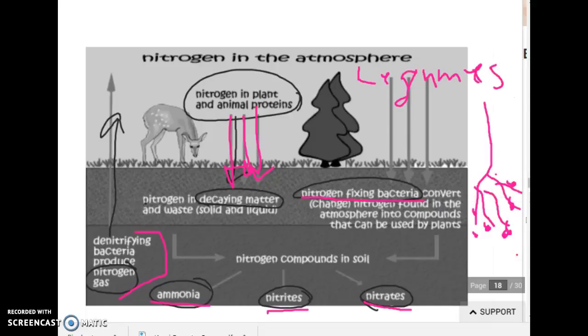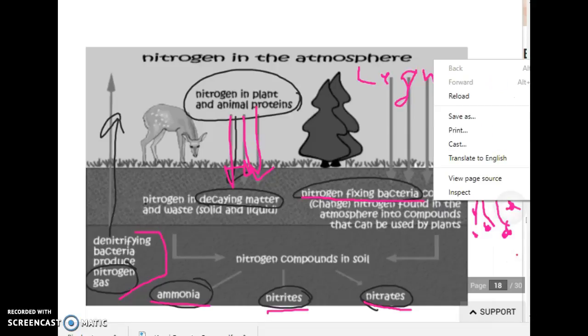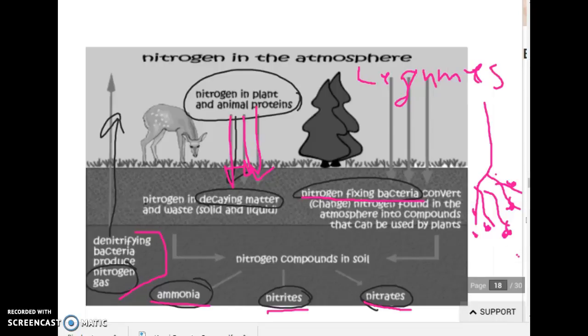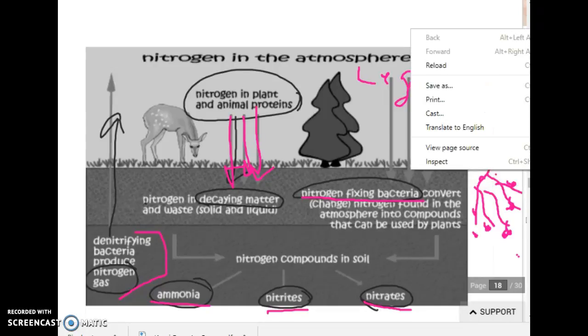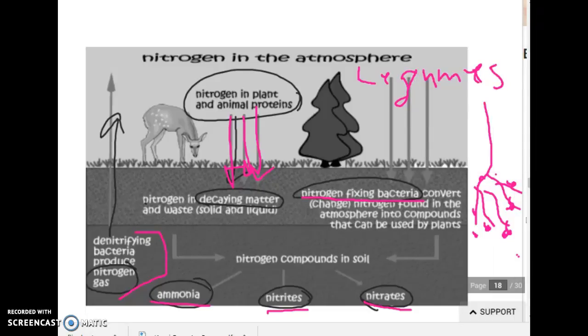So these little tiny round nodules, when I've taught microbiology class, you can actually break them open, put them on a slide, and you can look at that bacteria. But they're super effective at converting that nitrogen into that usable form. So things like legumes are actually really, really good for the soil.